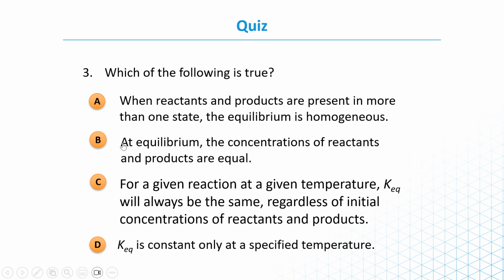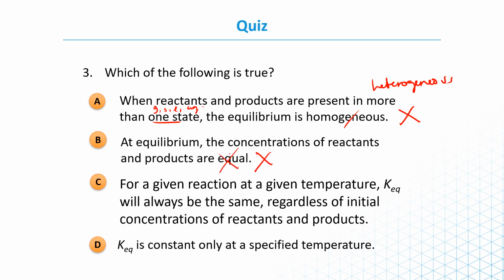Which of the following is true? When reactants and products are present in more than one state, the equilibrium is homogeneous. This is wrong. قلنا إذا في أكثر من state يعني gas, solid, liquid, AQ, and so on, it is heterogeneous. At equilibrium, the concentrations of reactants and products are equal. This is wrong.